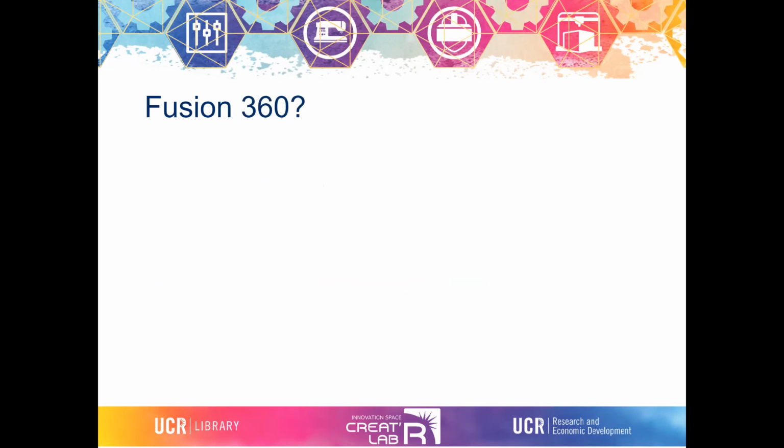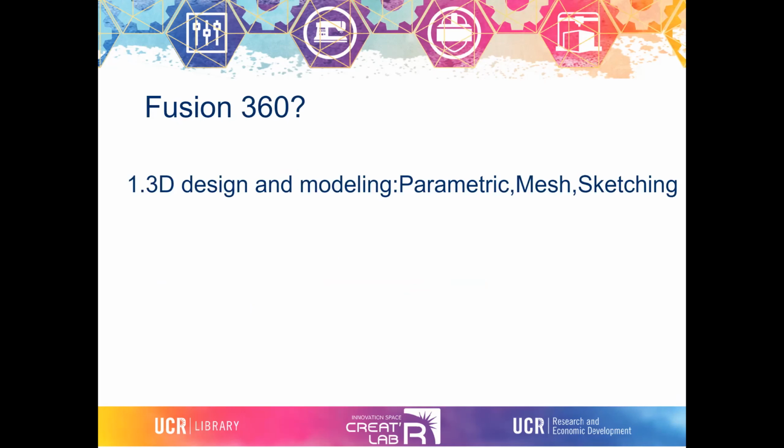So what is Fusion 360? Fusion 360 is a parametric design program. The main difference between this and Blender and Maya is that Blender and Maya are used more for 3D character or scene rendering or 3D modeling from scratch.